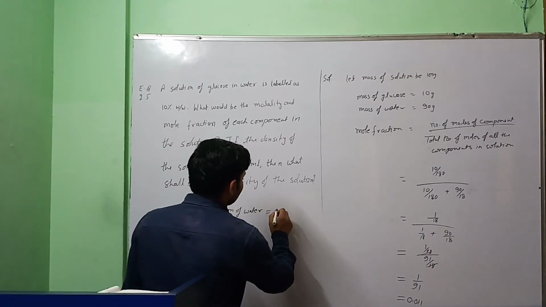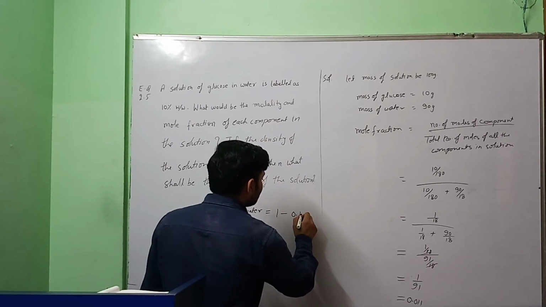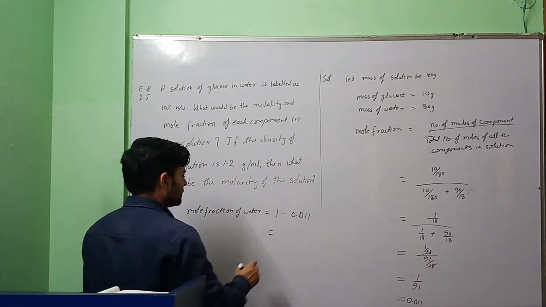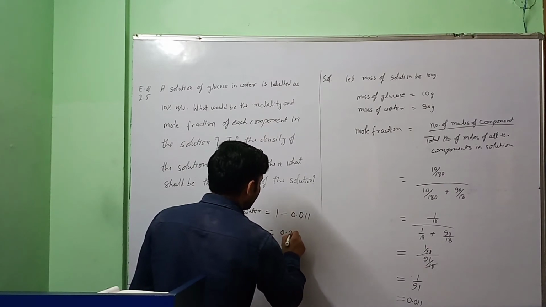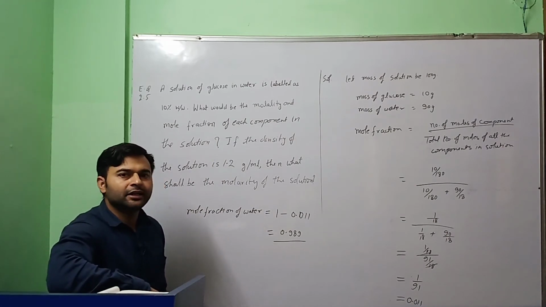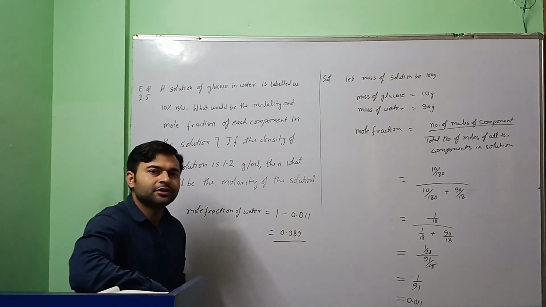So mole fraction of water is equal to 1 minus 0.011. So this will come as 0.989. So mole fraction of water is 0.989. You can write it down by pausing the video here.